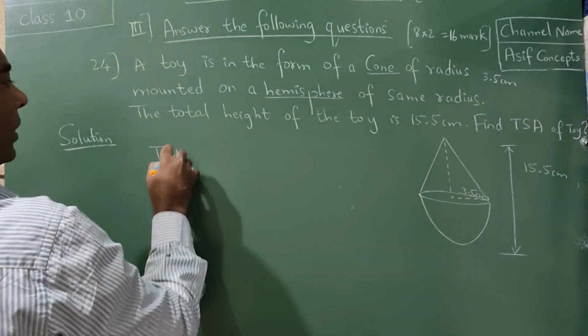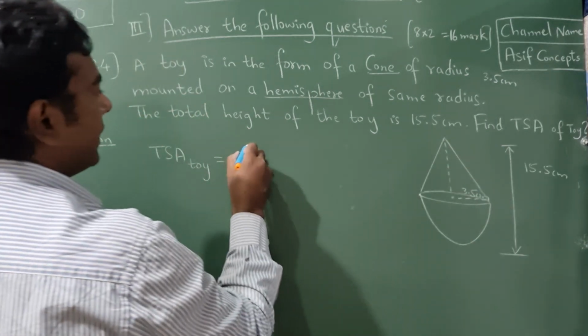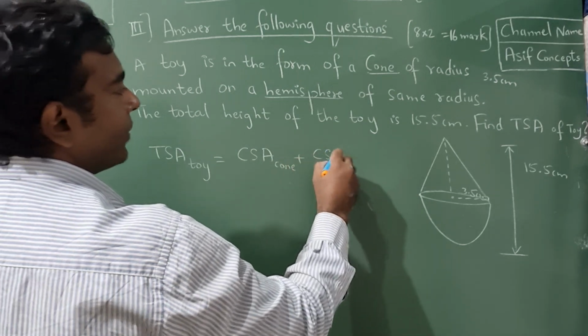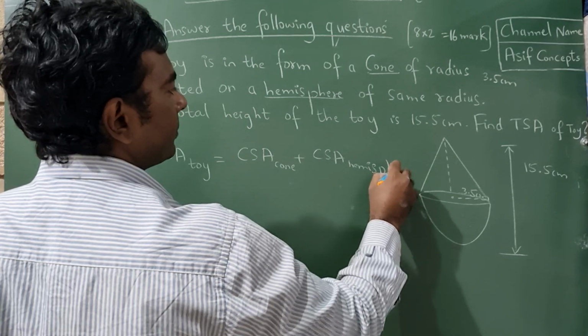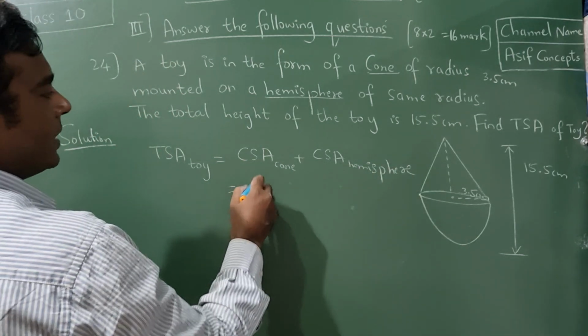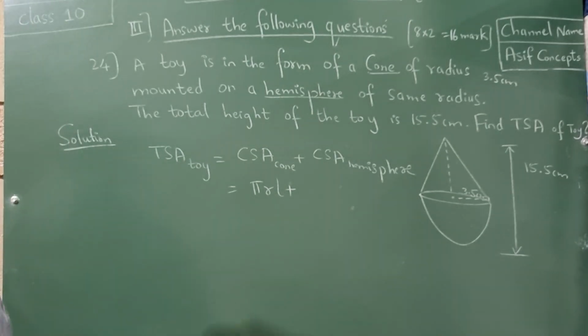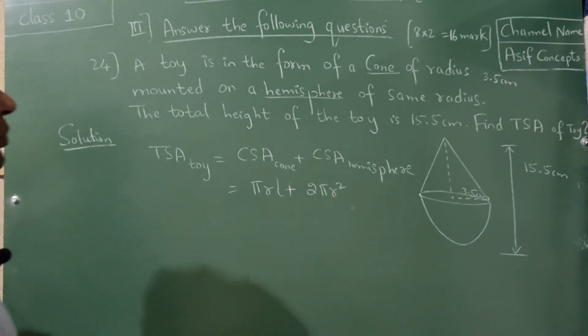So total surface area of the toy is equal to curved surface area of a cone plus curved surface area of a hemisphere. Now this is pi r L plus the formula for curved surface area of a hemisphere is 2 pi r square.